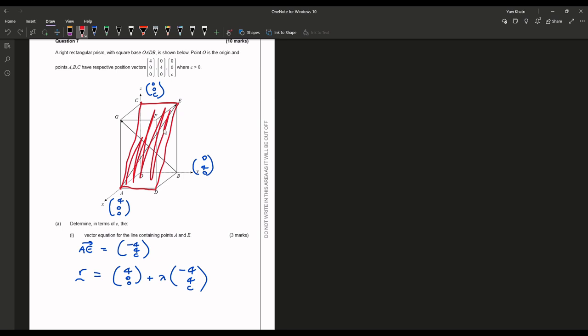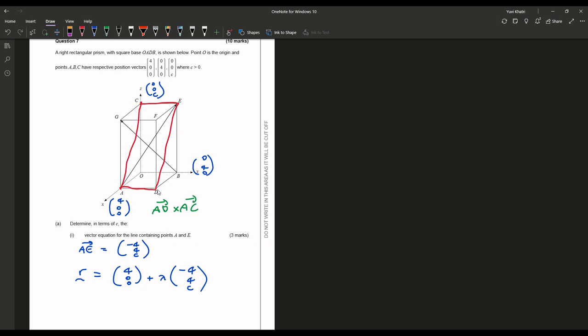To get that, we're going to need its normal vector. To get the normal vector, we cross product two vectors that lie on the plane. So let's use vector AD and cross product it with vector AC, because they both lie on the plane.